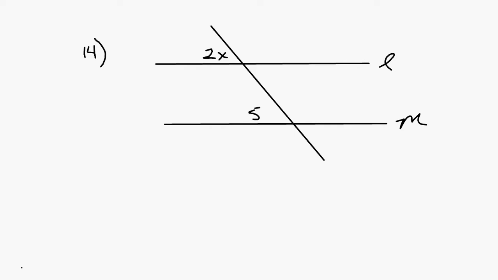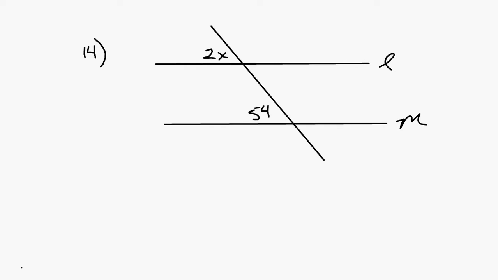Number 14. Find the value of x. L is parallel to M. So if L is parallel to M and you're given 2x and 54, these two angles are considered corresponding angles.